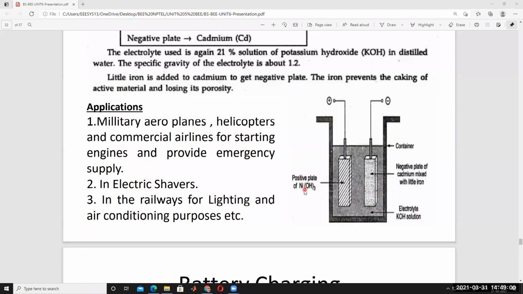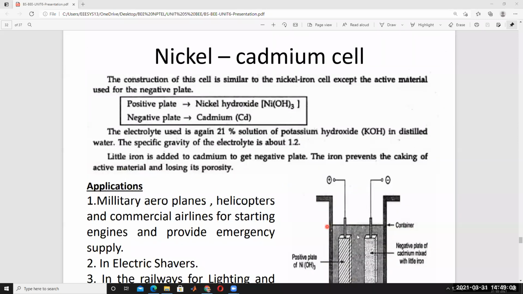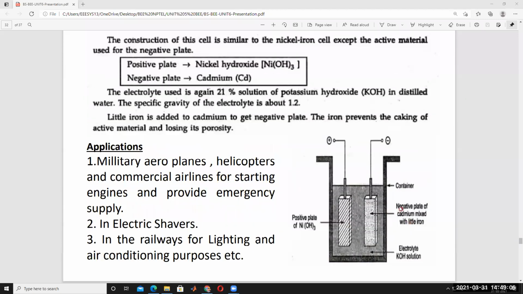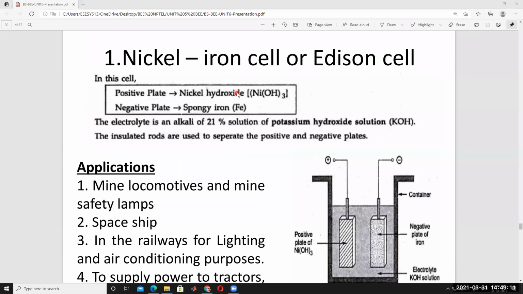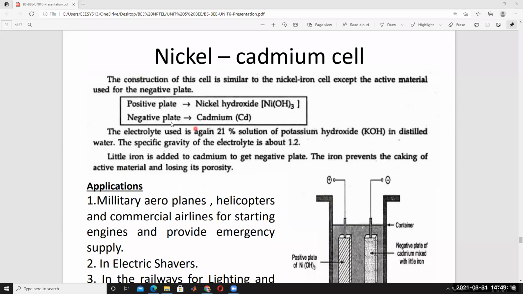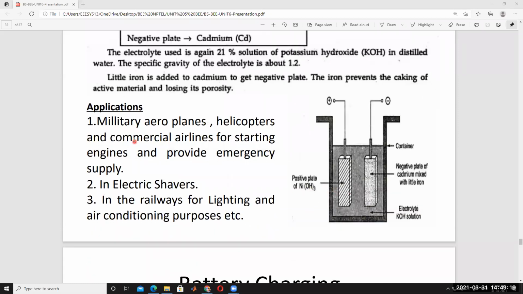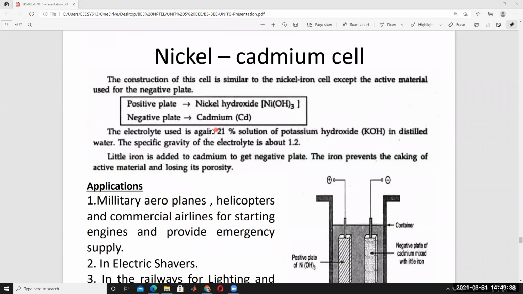The positive plate is nickel hydroxide, same as previous, but the negative plate, which was spongy iron, is here cadmium. Applications: military aeroplanes, helicopters, and commercial airlines for starting engines and providing emergency supply, and electric shavers, and in the railways for lighting and air conditioning purposes.